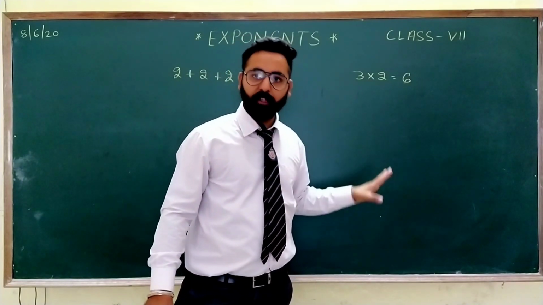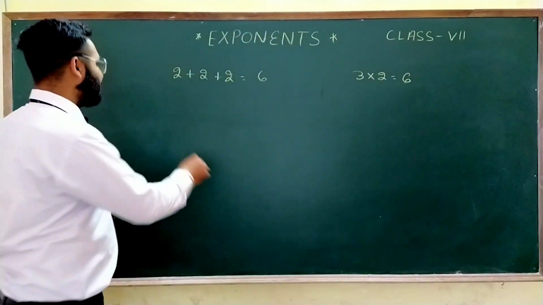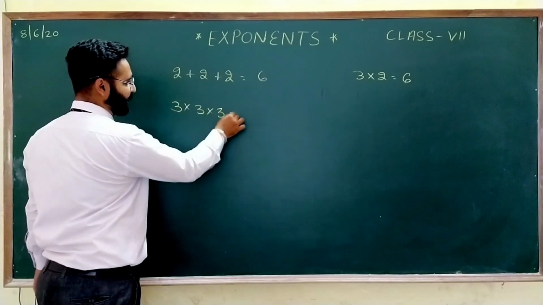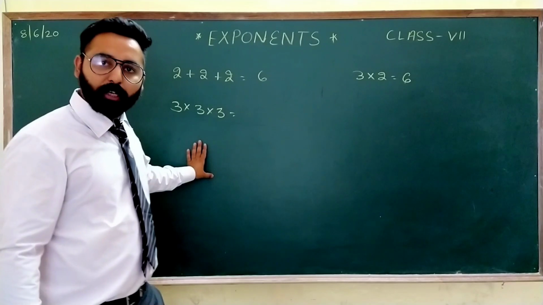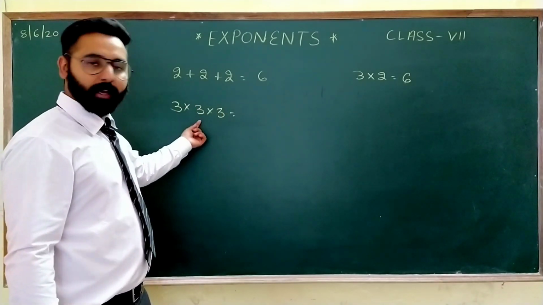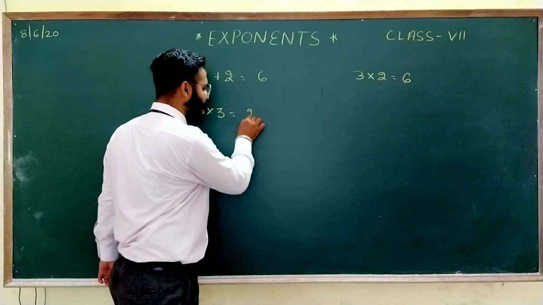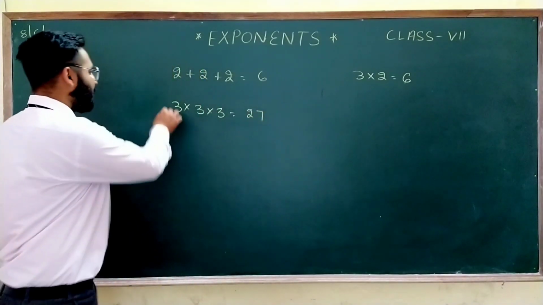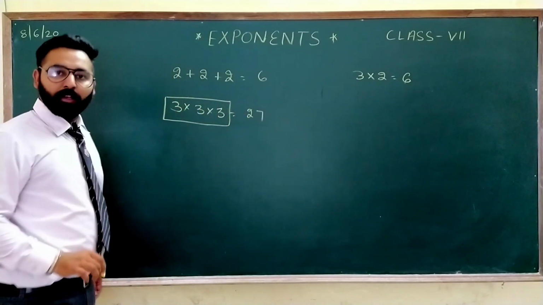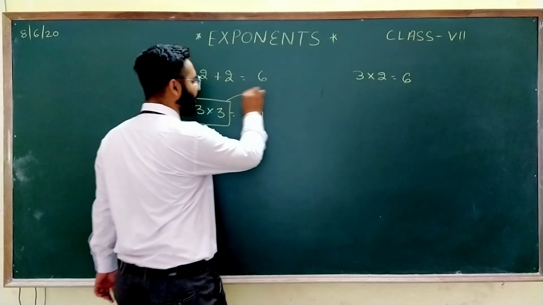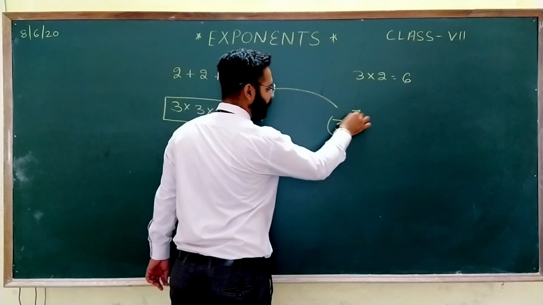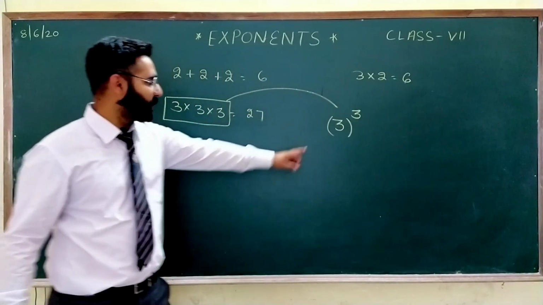But have you ever thought, in the case of repeated multiplication, is there any other way to write this? Let us see. 3 into 3 is 9, 9 into 3 is 27. If we have to write this in another form, we can write it in this way.